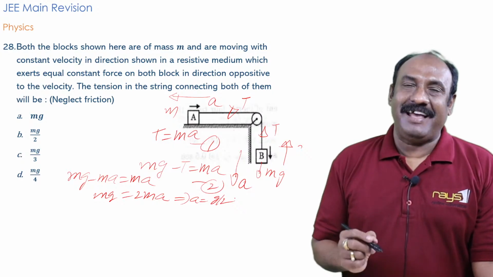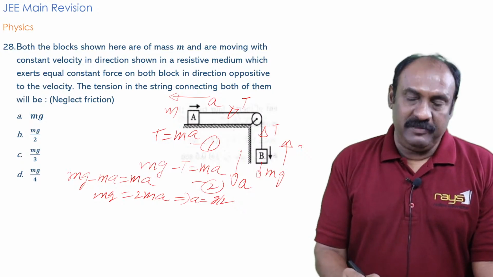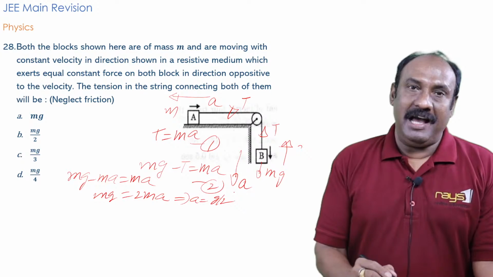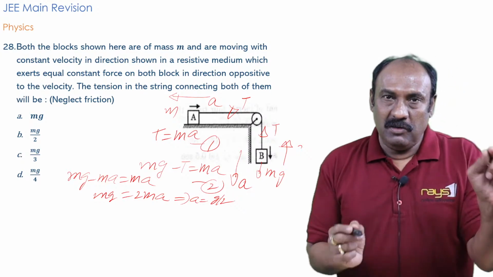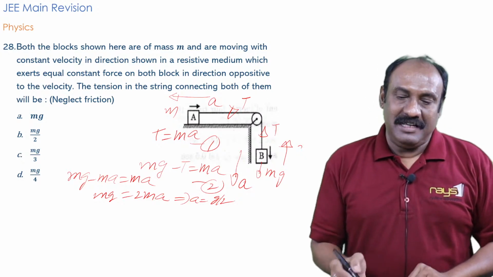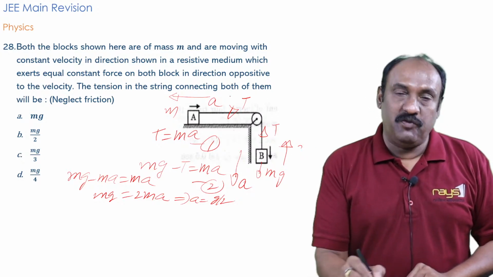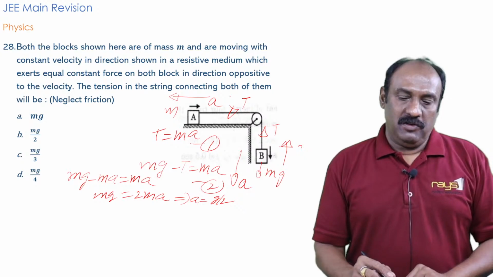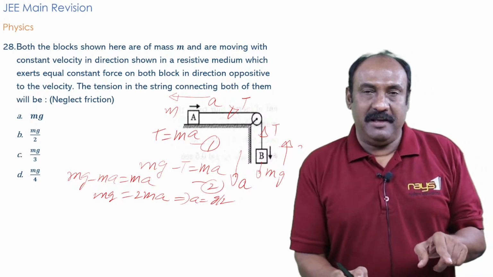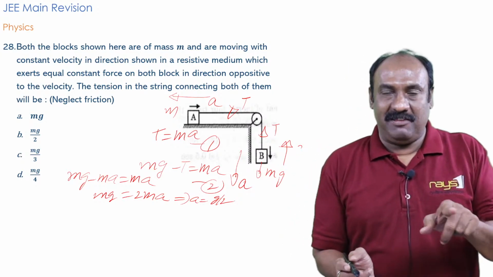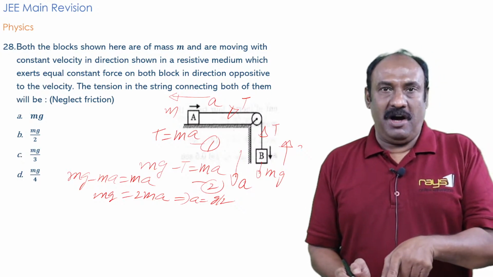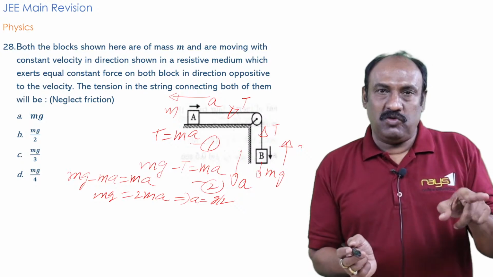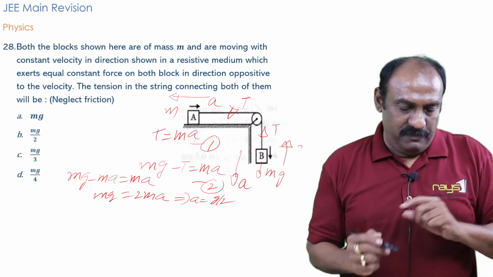So, what is the acceleration of this block B? g by 2. Acceleration of block A is also g by 2. So, both blocks move with the acceleration g by 2 in the presence of constant retarding force by this medium. Even though a constant retarding force acts on this one, it is opposite to the direction of motion of these two blocks, so these two blocks move with acceleration a equal to g by 2.